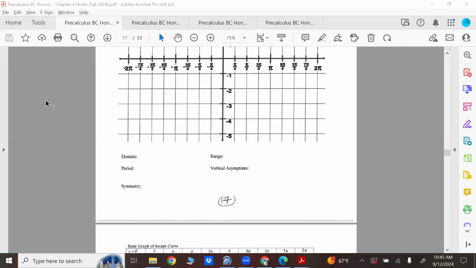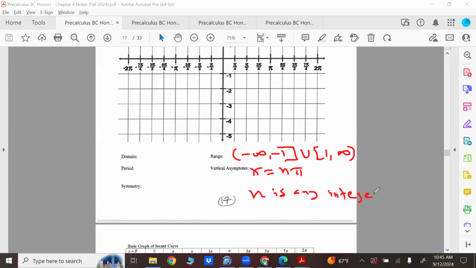Now domain and range, those are interesting. Those are very, very interesting. Well, the range is from -infinity to -1, and from 1 to infinity. The vertical asymptotes are at x equals it seems like every pi value, n pi, where n is any integer. The domain, how would you say the domain?